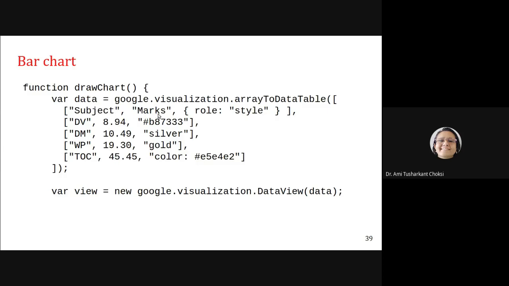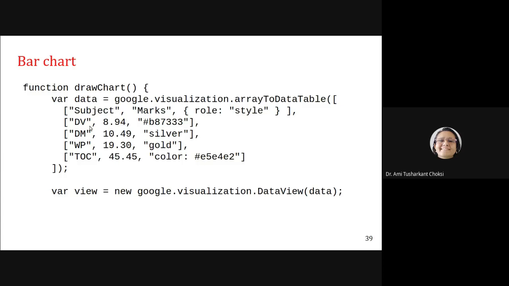Second is there for marks. And the third one is there for style, right? So that we are saying as role, column, style, right? Now these are the three columns which we want to have. So now after specifying the title, let us have the columns and the data related to that.